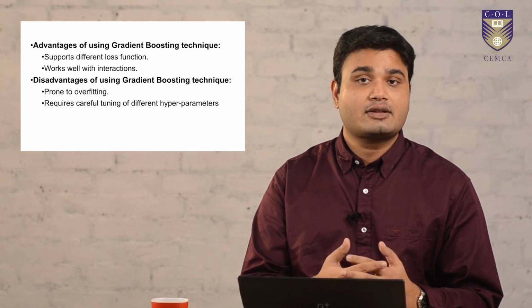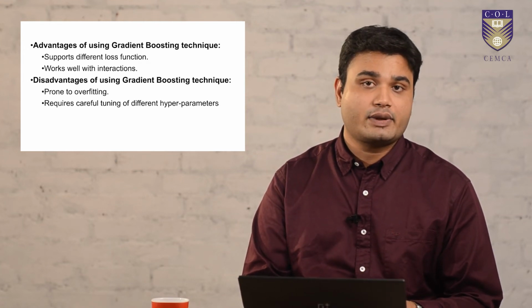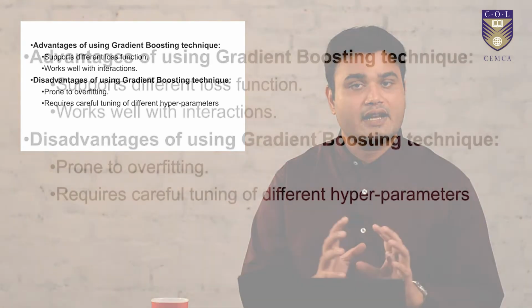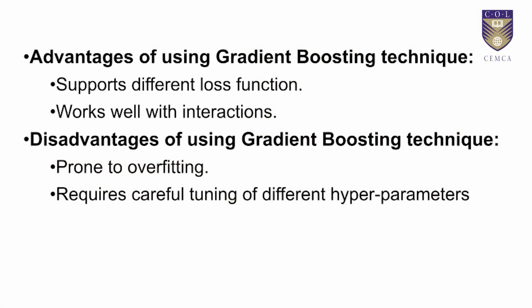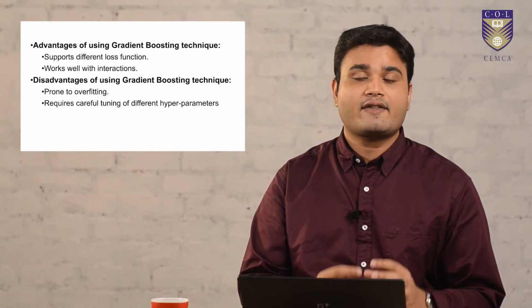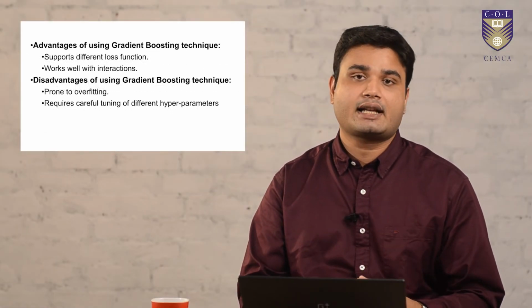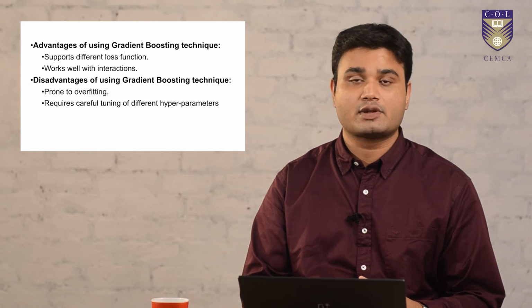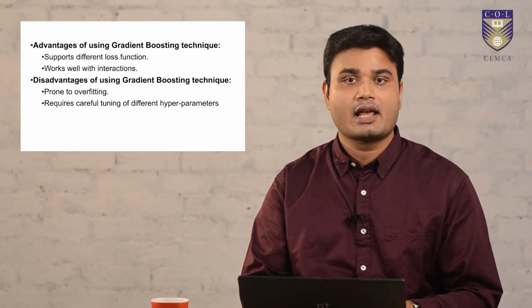However, as good things have a bad side to them also, the disadvantage of gradient boost algorithm is, since it tries to reduce the error, it has a tendency to overfit. That is, we may overfit our model to the entire training data set. To prevent this, we have certain hyperparameters that can be tuned with gradient boost algorithms which prevent overfitting.